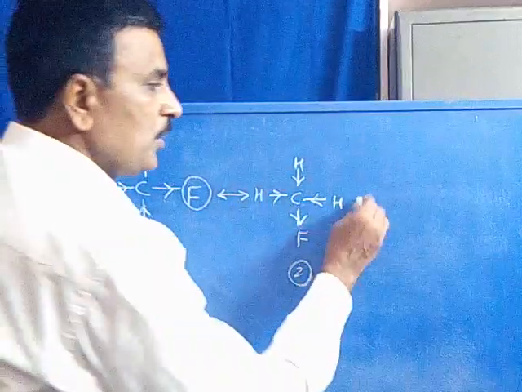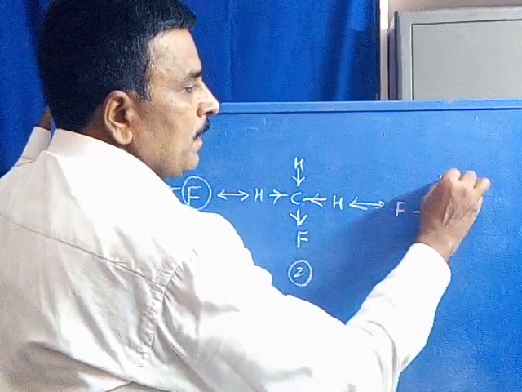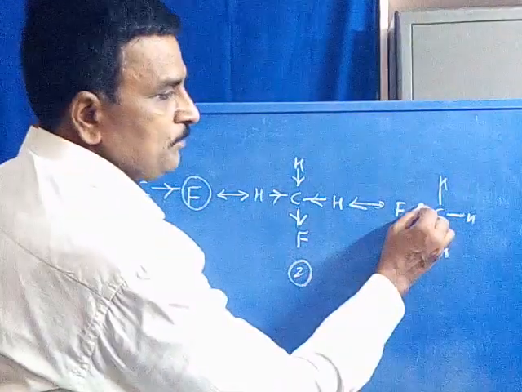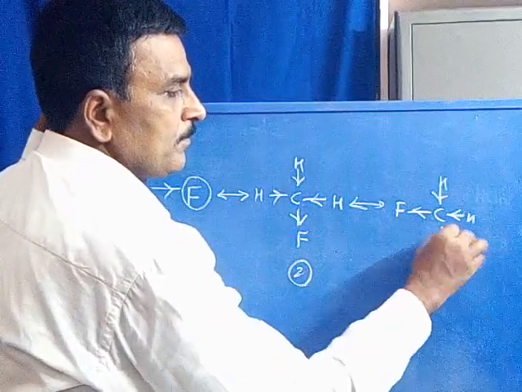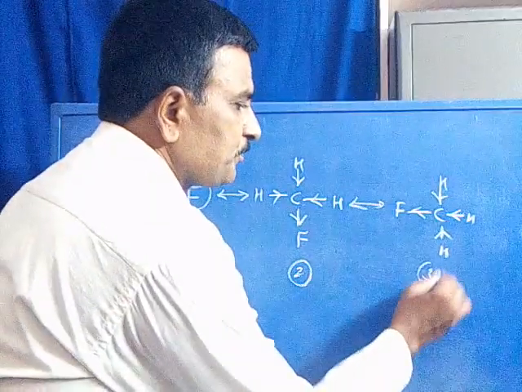You can take another orientation. Third one: fluorine here, carbon, hydrogen, hydrogen and hydrogen. Now you can see electron movement is again towards fluorine. This is the third orientation.